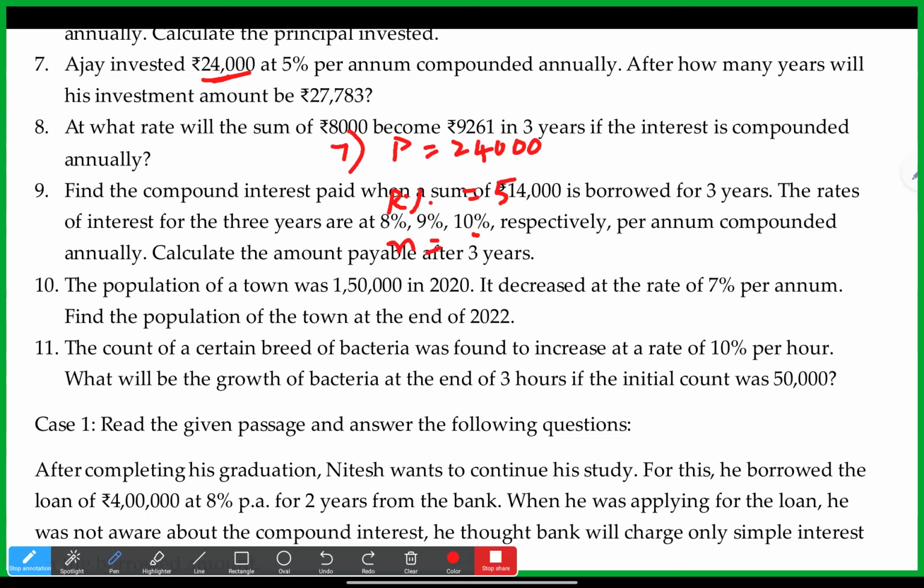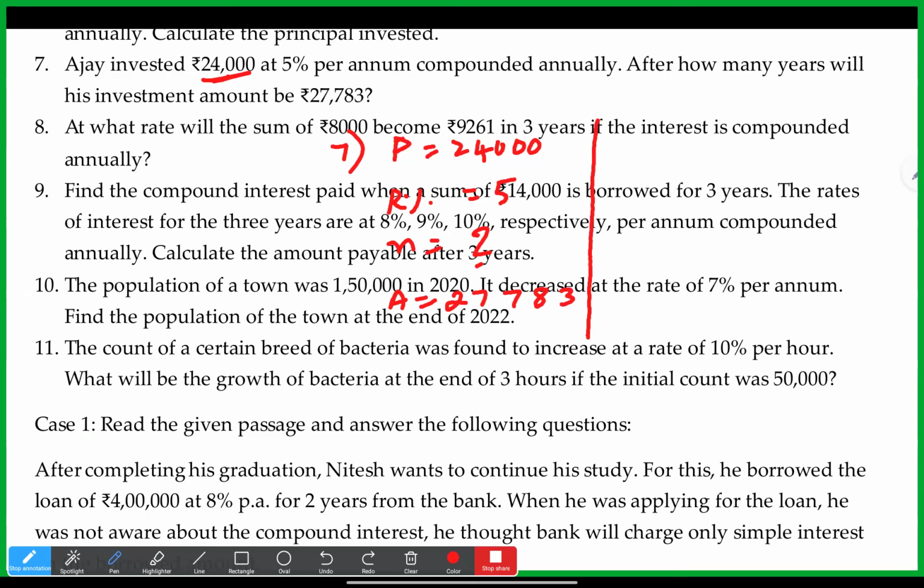They're asking, question mark, how many years? Investment amount will become A is equal to 27,783. Means they gave the amount as well already. It will become that much. So 27,783 is the final amount.